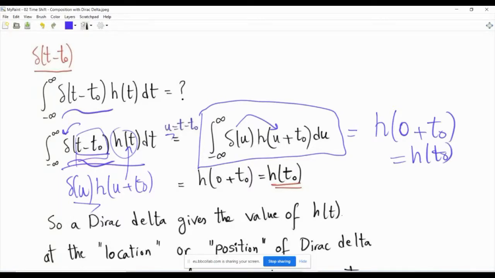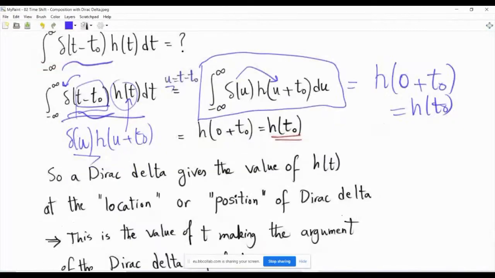So since we lowered the standard, we can lower it even more and say, okay, a Dirac delta can be time shifted, and the time shifted Dirac delta, rather than giving us the value of the function at the origin, will give us the value of the function at the shift, at the location or position of the Dirac delta. Okay, so this will be the time shift.